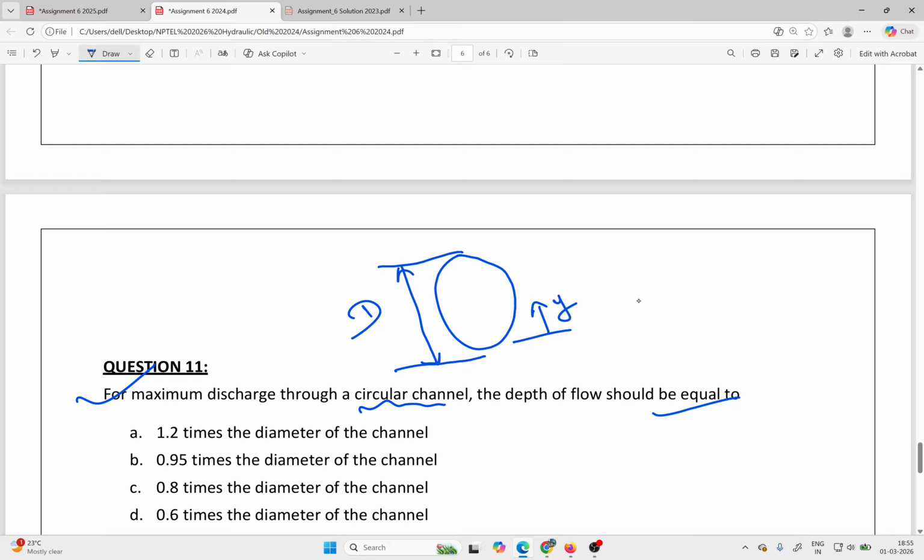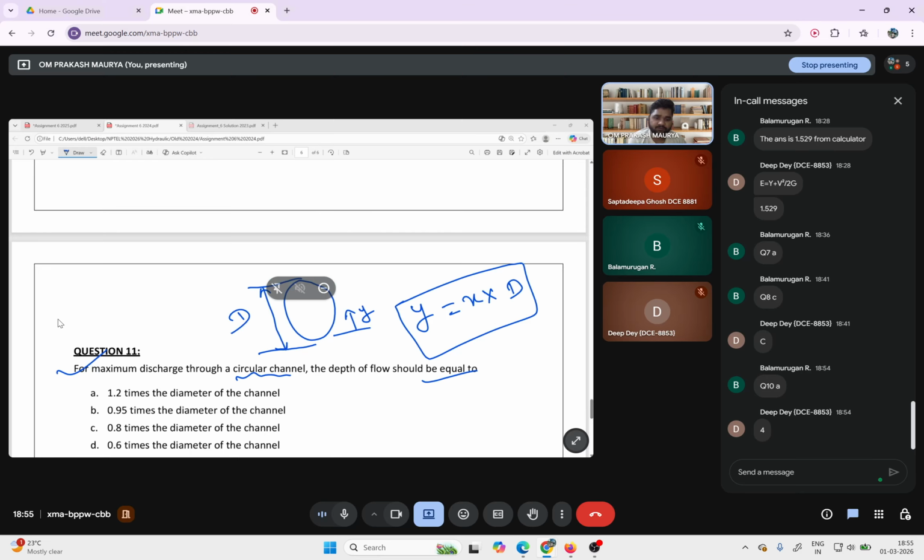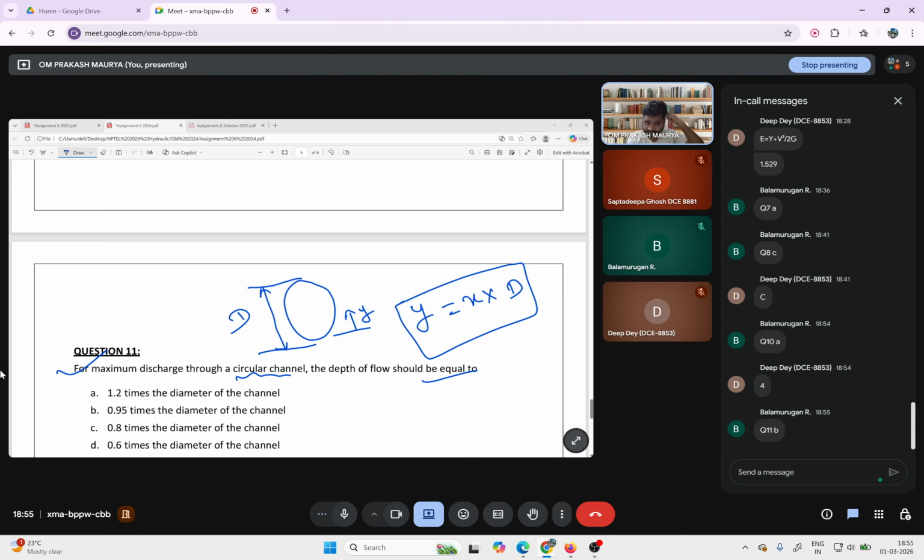So the depth of flow should be equal to x times the diameter of the channel. So what will be the value of x? 1.2, 0.95, 0.8 or 0.6. Please try to write your answer in the chat box for question number 11. Bala is telling 0.95, option B, okay?